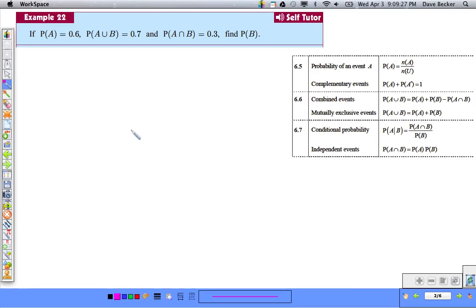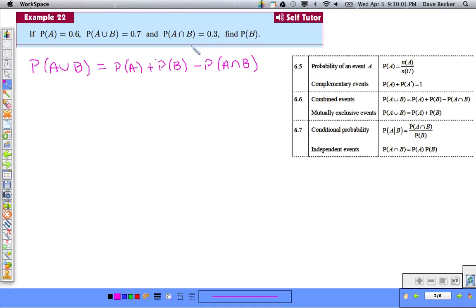Okay, so let's just take a look at a quick example. If we have the probability of A equal to 0.6, probability of A union B equal to 0.7, and probability of A intersect B equal to 0.3, find probability of B. So this is just a plug and chug because we are given this formula right here. Probability of A union B is equal to probability of A plus probability of B minus probability of A intersect B. And again, it's just plug and chug.